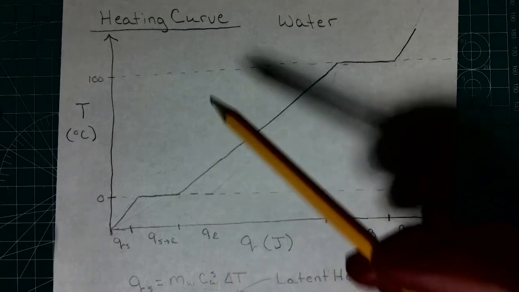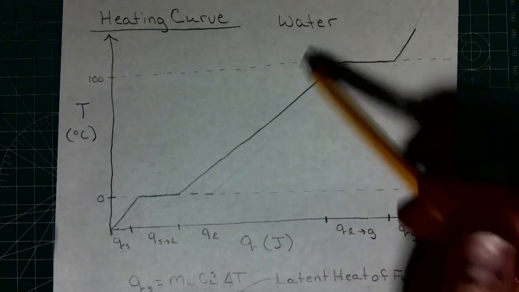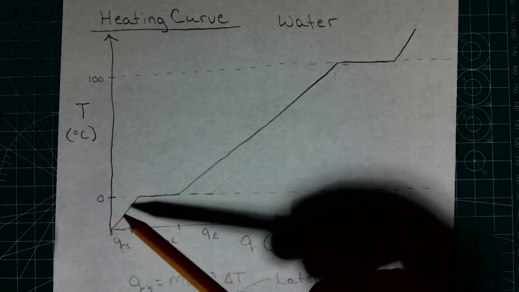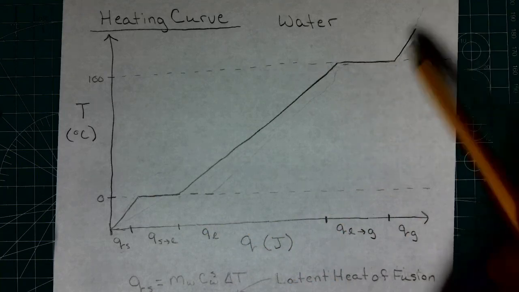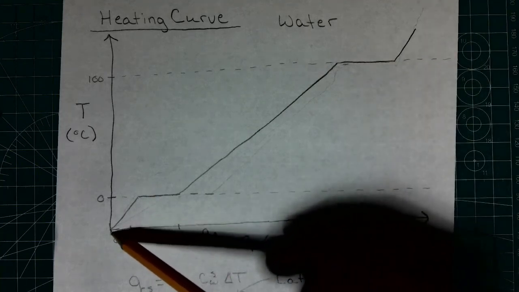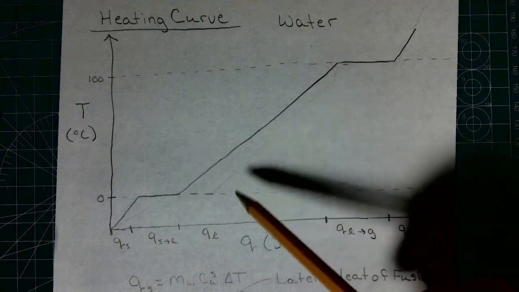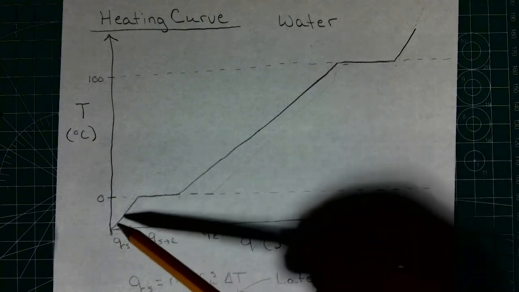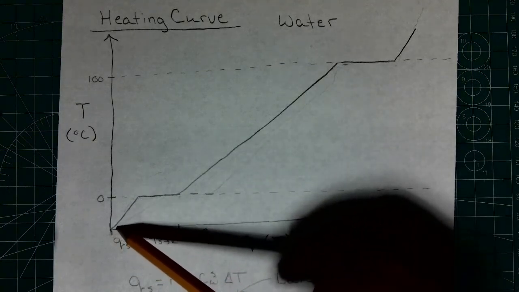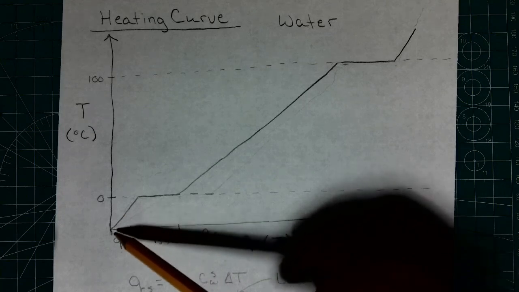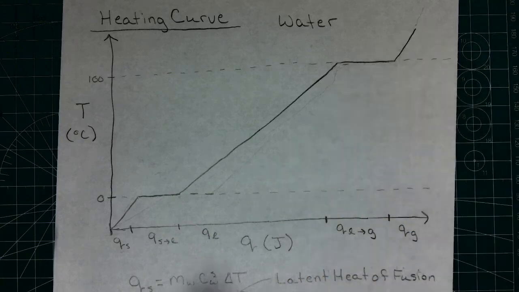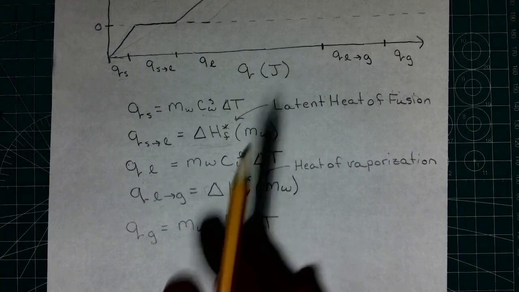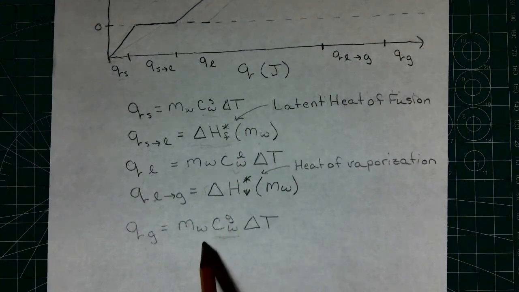Our example here was for water, but this actually holds true for pretty much any substance that's going to follow this path, unless, say, there was a phase change directly from a solid to a gas or something. This would look a little different. But anything that turns from a solid to a liquid and then into a gas is going to be able to be broken down in this way.